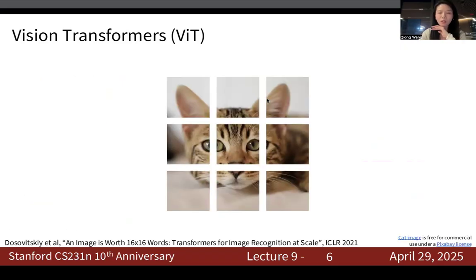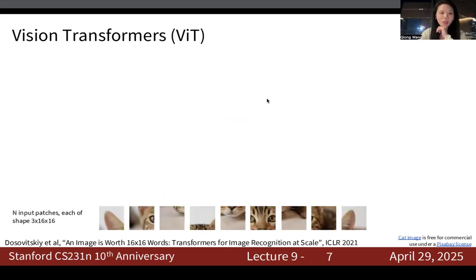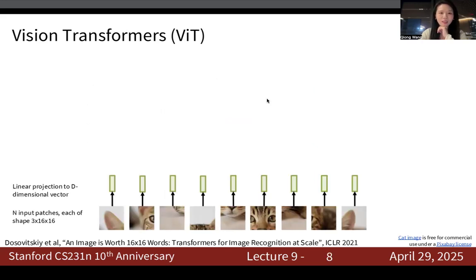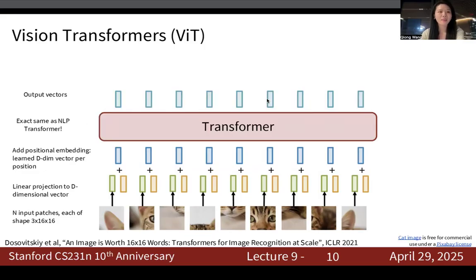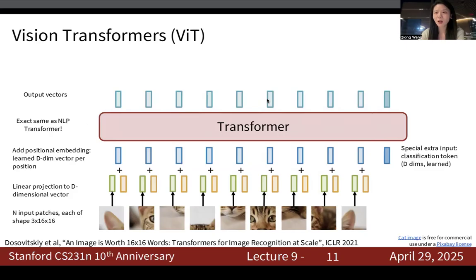It works like this. We split an original image into different patches, flatten them, and apply a linear projection to get dimension vectors, and add the position embedding, a learned dimension vector, the same as the natural language processing transformer, and then output the vectors.